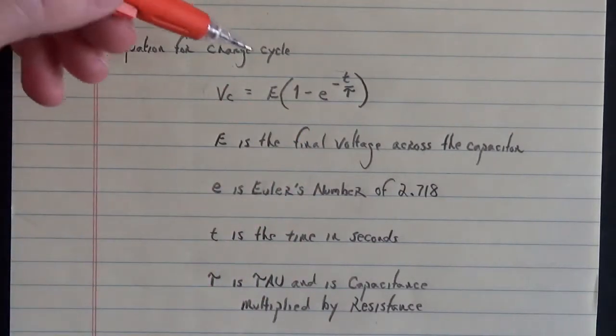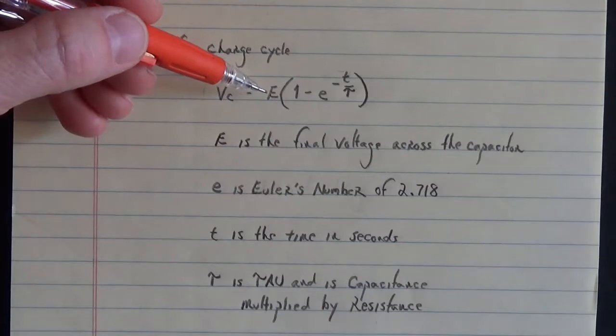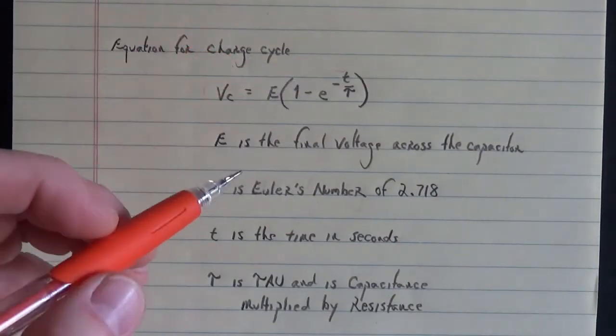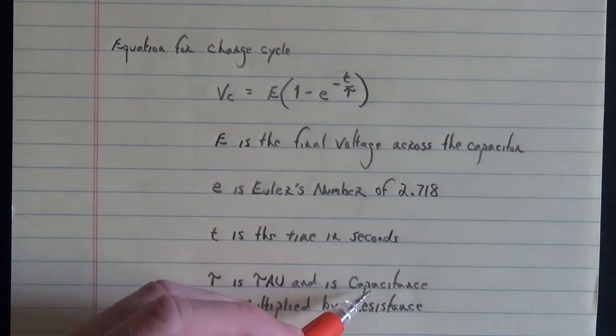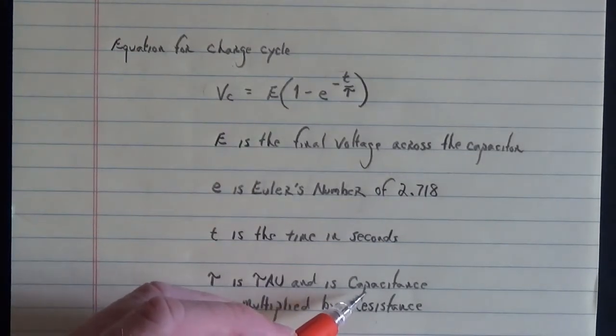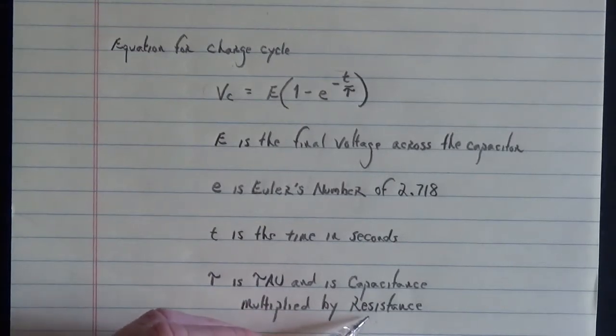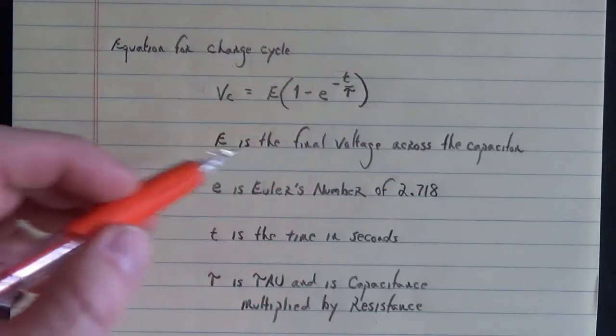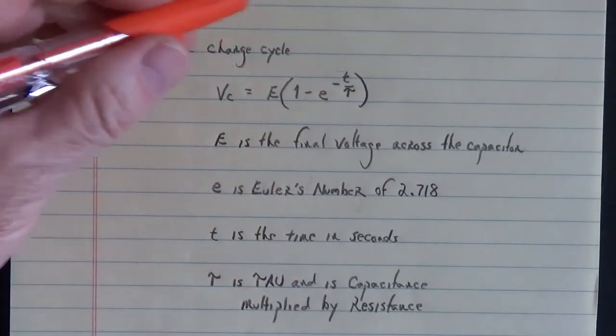Now in our circuit, E was 10 volts, and the capacitance was 1000 microfarad and the resistance was 10 kilo ohms. This is the equation for the charge cycle.